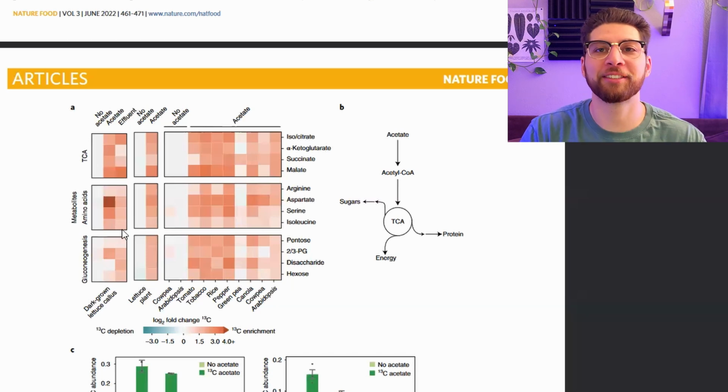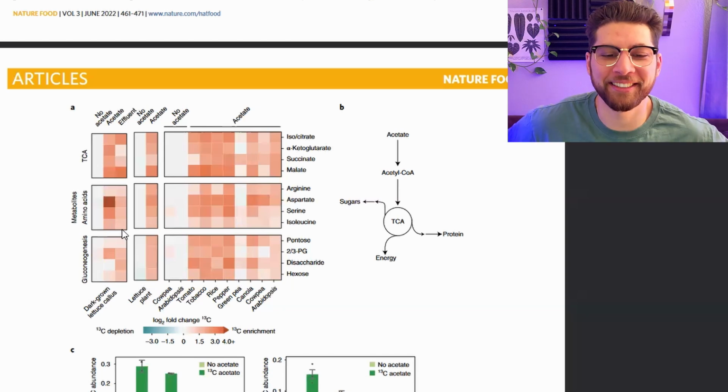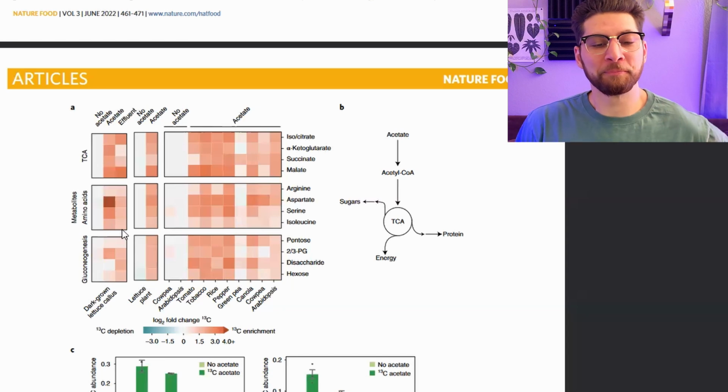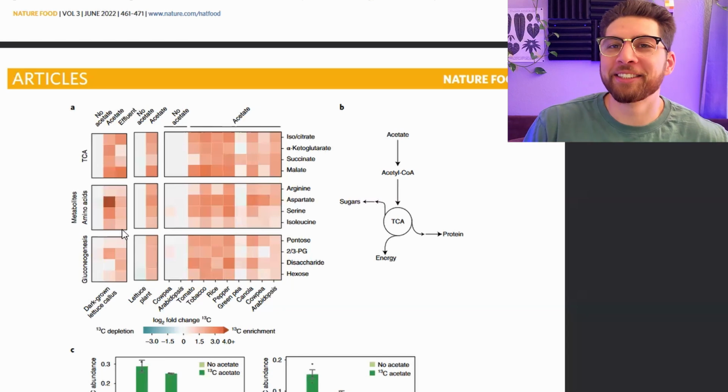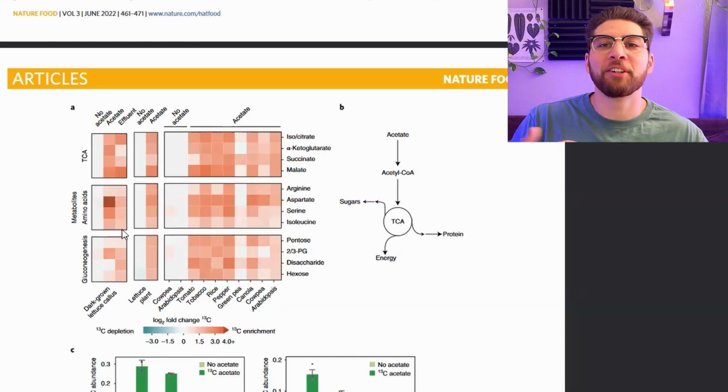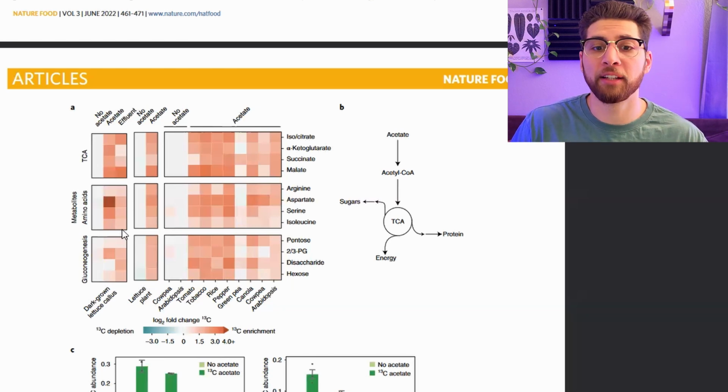There's a really good SciShow video on this paper, actually, and I was really excited when it came out. I was like, oh yeah, I know the group that did that paper. I know that paper. And they mentioned in the video somewhere like, oh yeah, the authors are saying that we can grow plants on acetate, but they did all their experiments in the light.